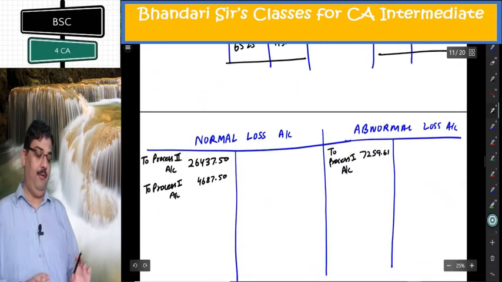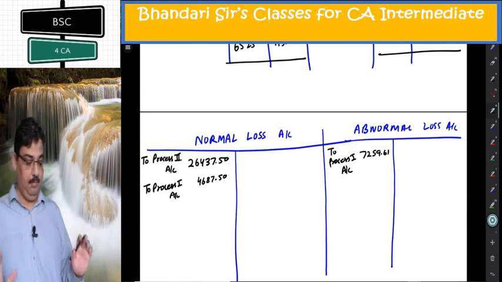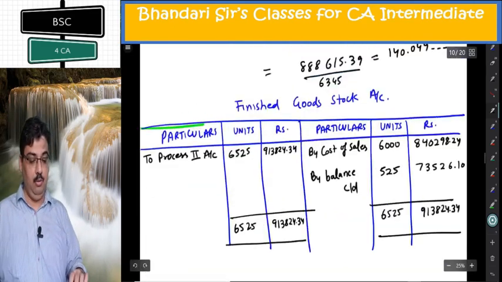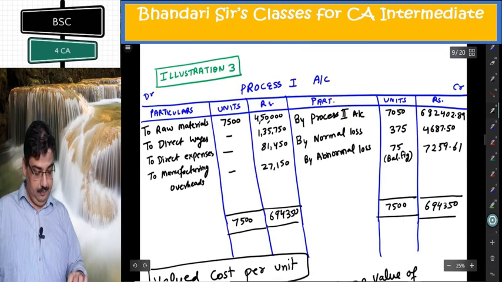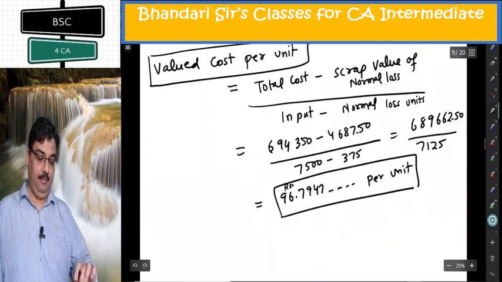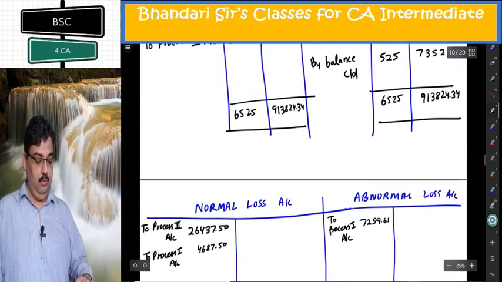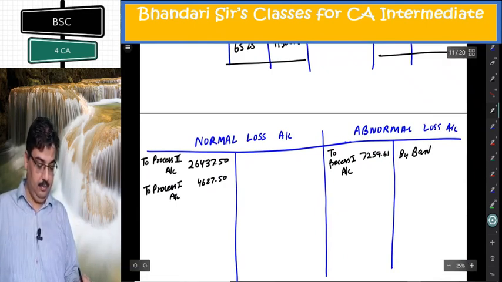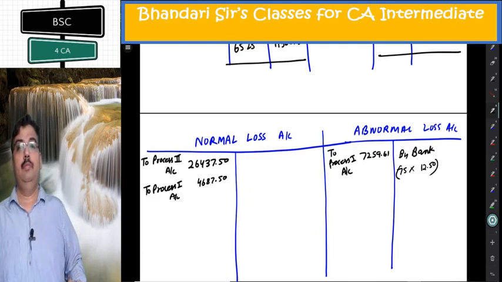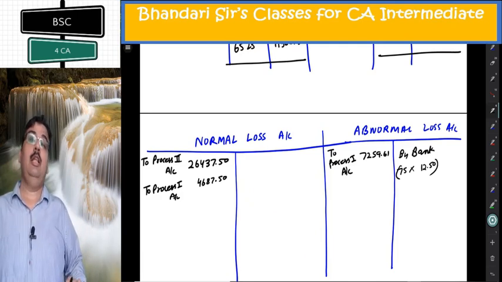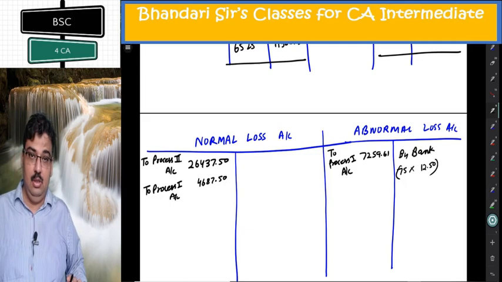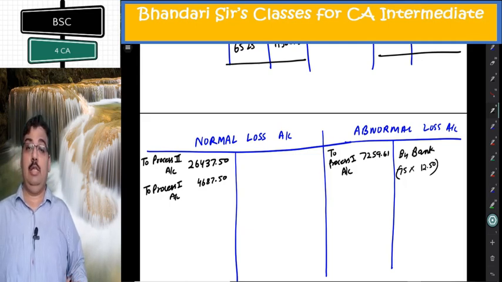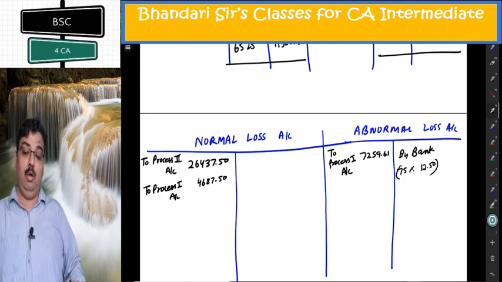Now let us treat first abnormal loss, which is very simple. Abnormal loss came in first account and the units were 75. Now these units will be sold by bank. 75 into 12.50. Remember one thing I keep saying again and again. Abnormal loss units, are they sold? Yes. Does the sale value affect my process account? No. It affects my abnormal loss account.